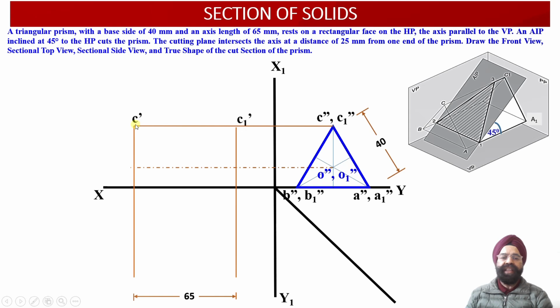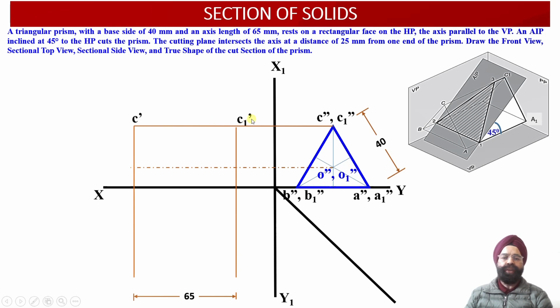So let us obtain the different points. Since the left face of this triangular prism comprises the points A, B, C, and the right face comprises the points A1, B1 and C1, corresponding to the left face, the front view projection of the point C will be obtained as C dash.